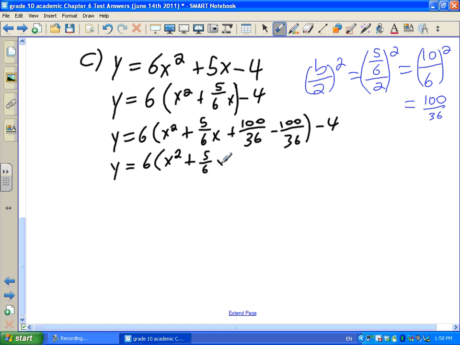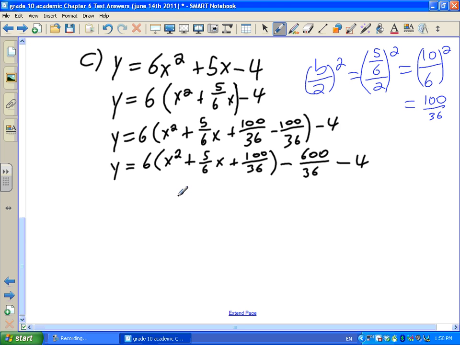When I do that, I have to multiply by 6. So we have plus 100 divided by 36, and then on the outside this will read subtract 600 over 36, minus 4.